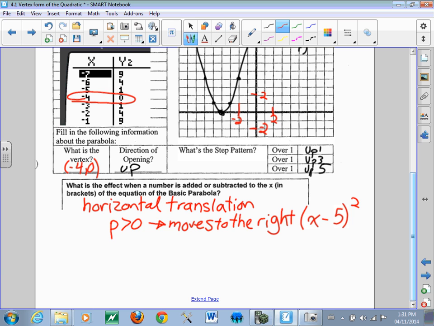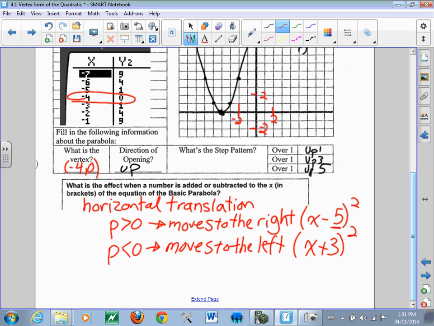It's still, the negative is part of the formula, so this is your p-value. The other one is if p is less than 0, it moves to the left. And the example of that, it's going to be backwards. It's going to be like x plus 3 squared, because a negative times a negative gives you that positive. So just to make sure you realize, this is p equals 5 in this example here. And this is p equals negative 3.